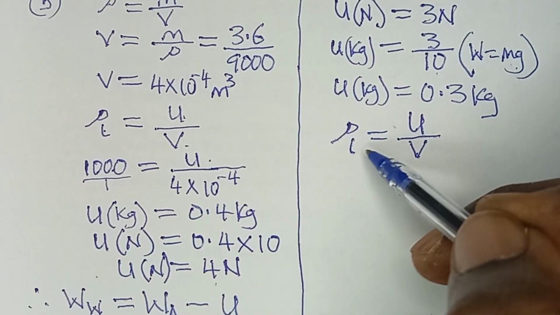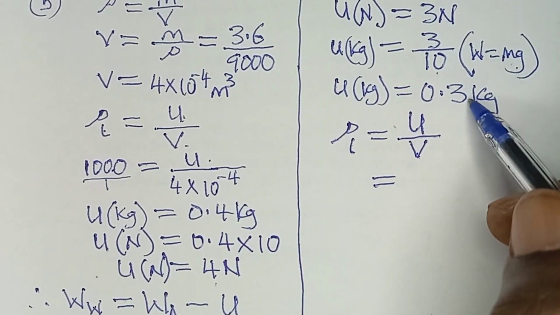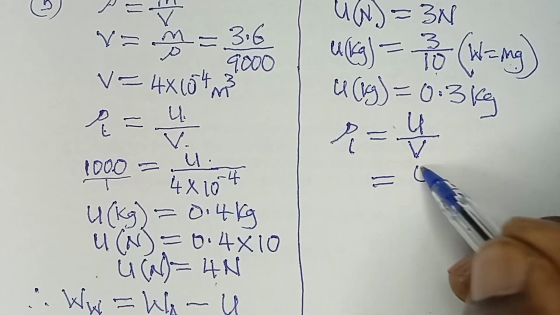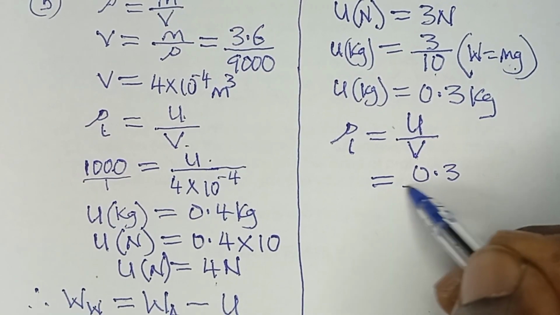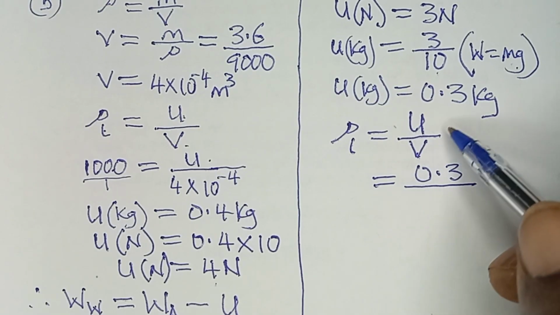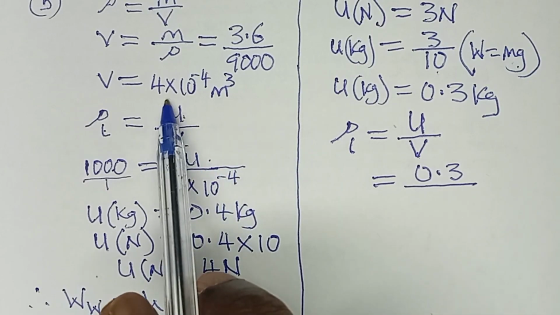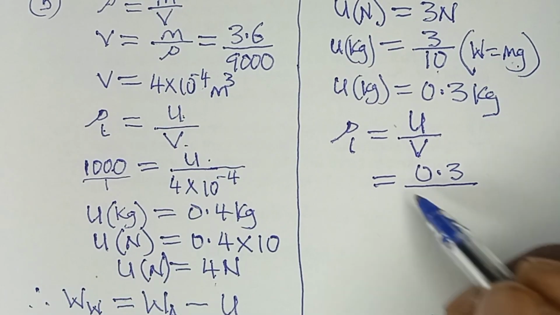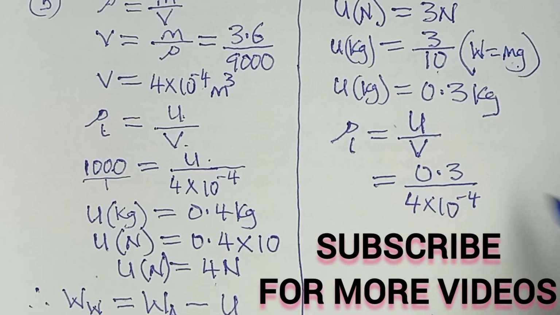We have to find the density of the liquid. So we simply say the upthrust it experienced in kilogram, 0.3, all divided by the volume of the solid. Don't forget, we have obtained the volume of the solid before, and that is 4 times 10 raised to the power minus 4. So all divided by 4 times 10 raised to the power minus 4.